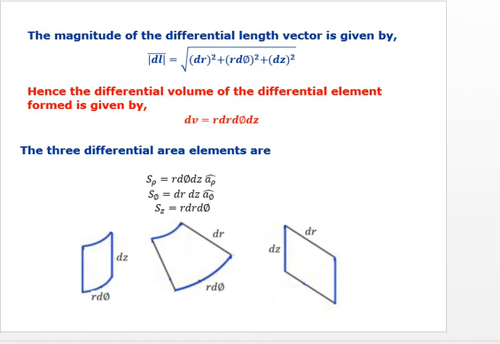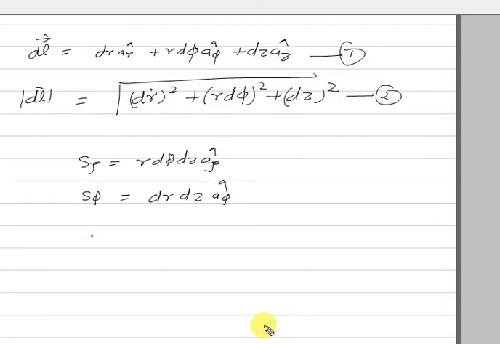Similarly, s phi equal to dr dz unit vector a phi, and sz equal to r d phi dr unit vector az. So this is the expression for a differential element in the z direction.